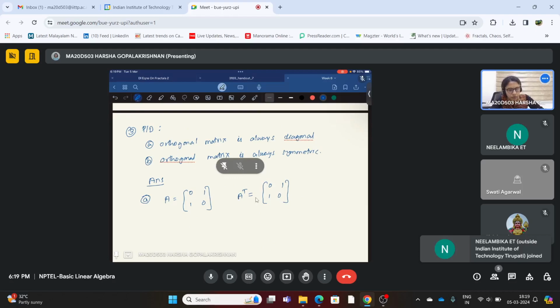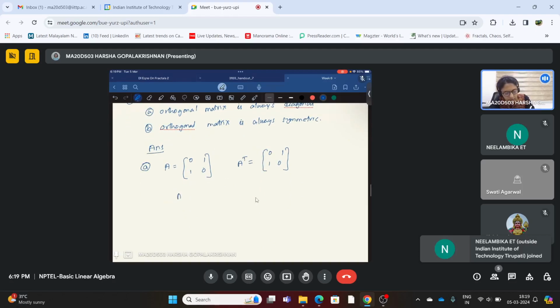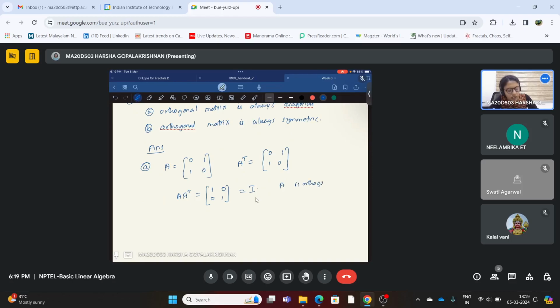Now we can see A into A transpose is 1, 0, 0, 1, which is equal to identity. So we got a counterexample: A is orthogonal but not diagonal.